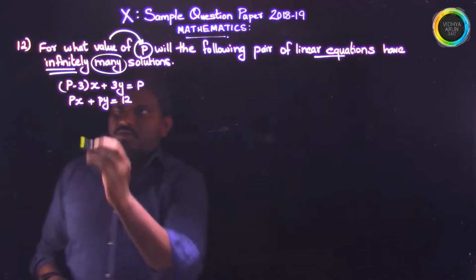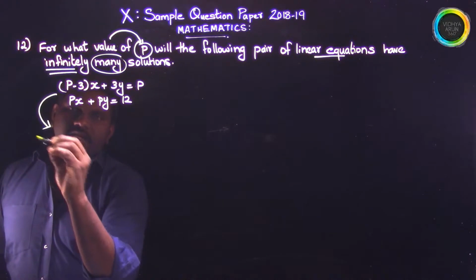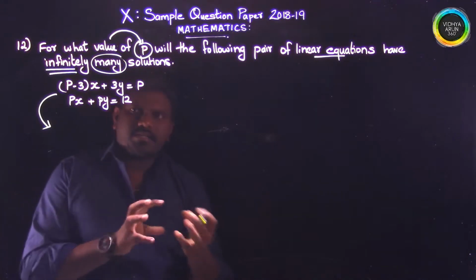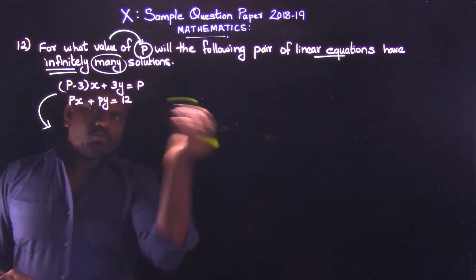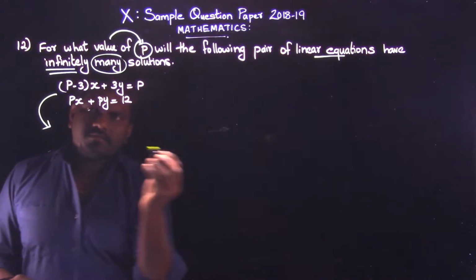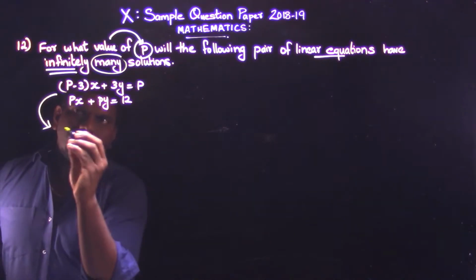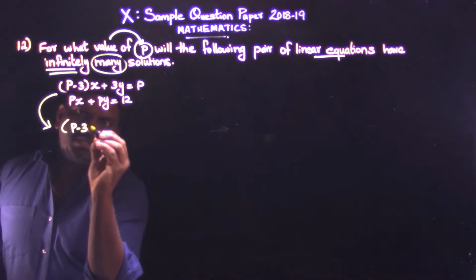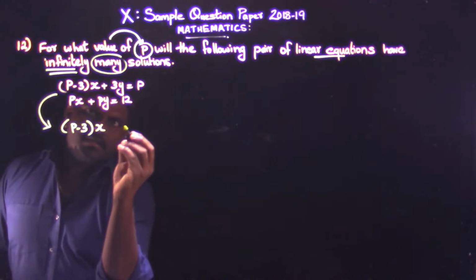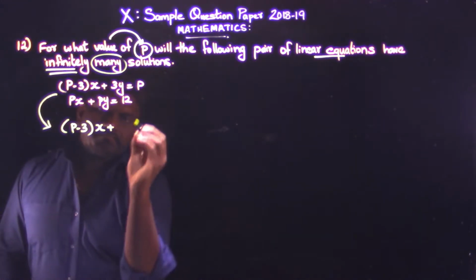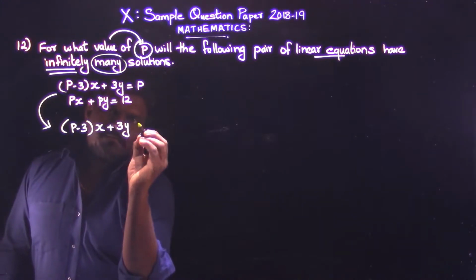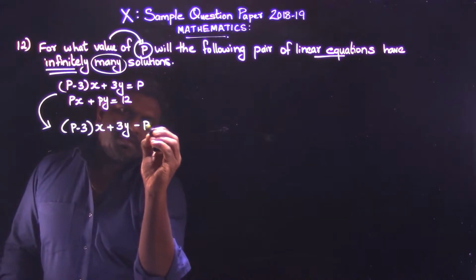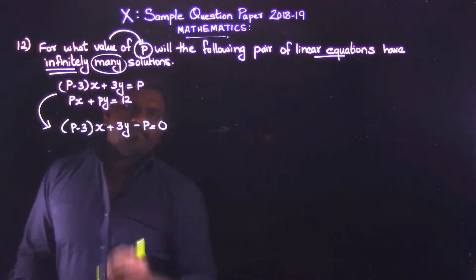Okay, fine. So first the equations are given, that I'm just going to rewrite so that I don't have anything on the right hand side. So I'm rewriting this one as P minus 3x plus 3y minus P is equal to 0.